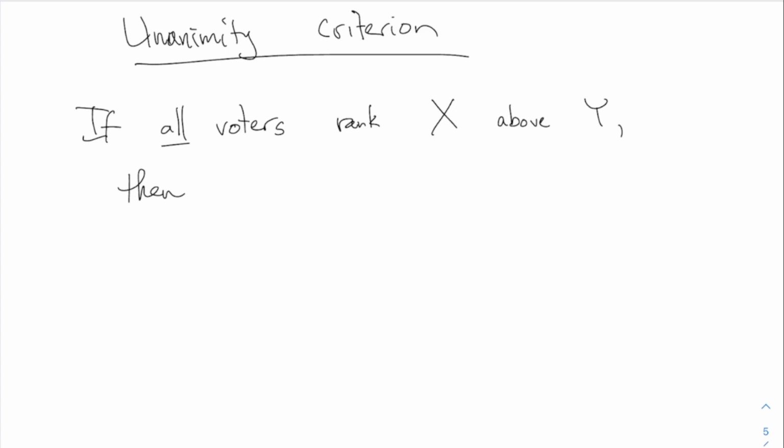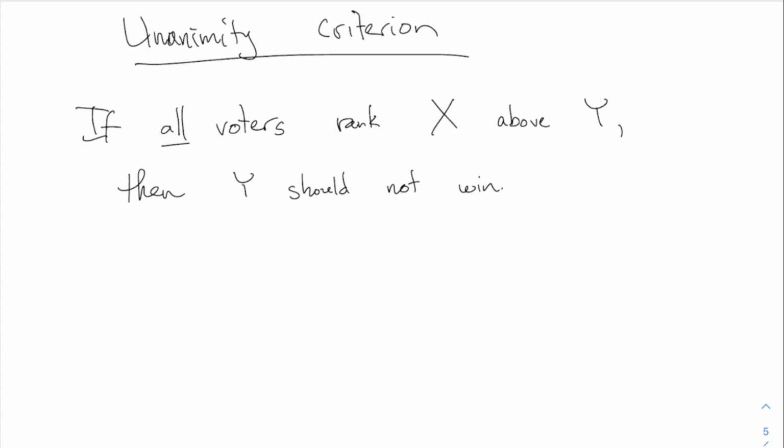This is a bit of a trick question. I was hoping somebody would say, then X should win. Yes, but actually that is not what the unanimity criterion says. It says instead, then Y should not win. If all the voters rank X above Y, then Y should not be the winner. This is what the unanimity criterion says.